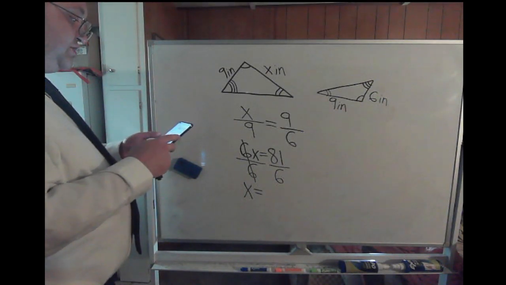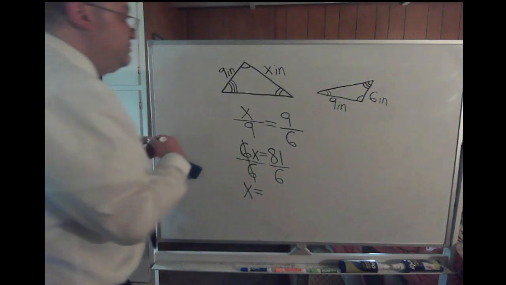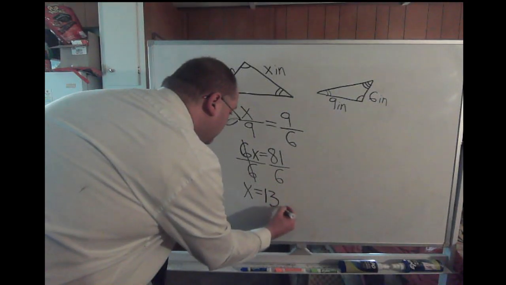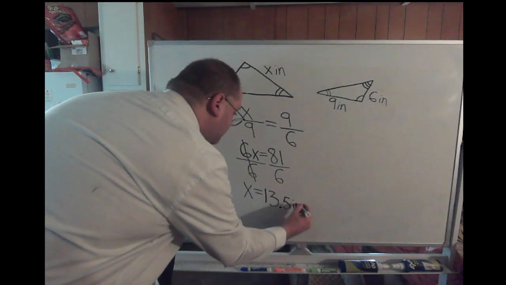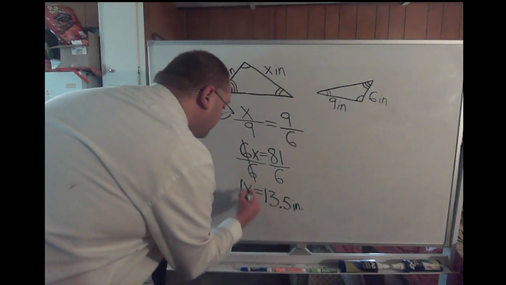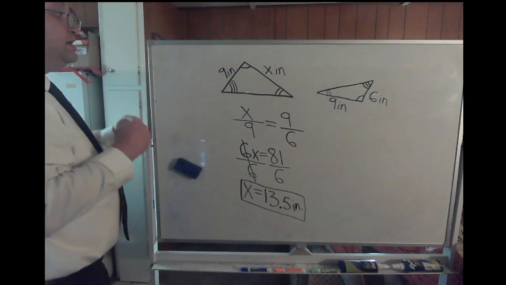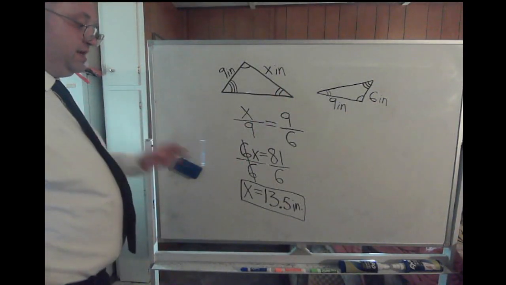It looks like it comes out to 13.5. 81 divided by 6 is 13.5 inches. And don't be surprised if sometimes you get decimal answers. So x would be 13.5 inches according to this.